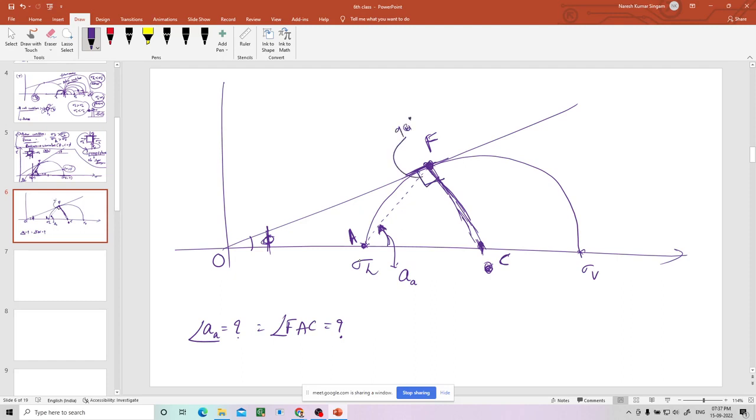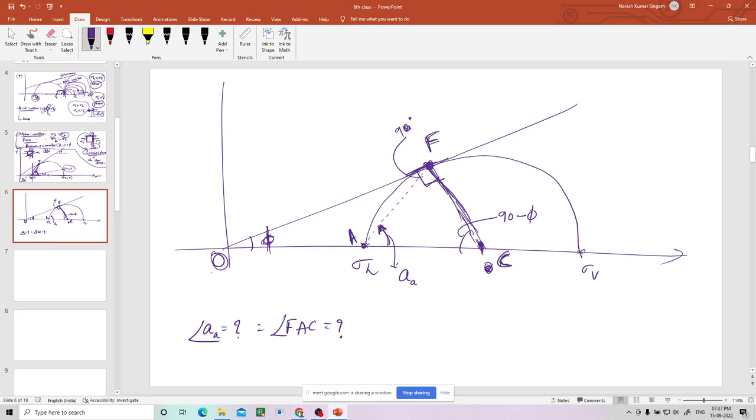If it is 90 degrees, then this is 90 minus phi. So in this big triangle OCF, this is 90, this is 90 minus phi, this is phi.